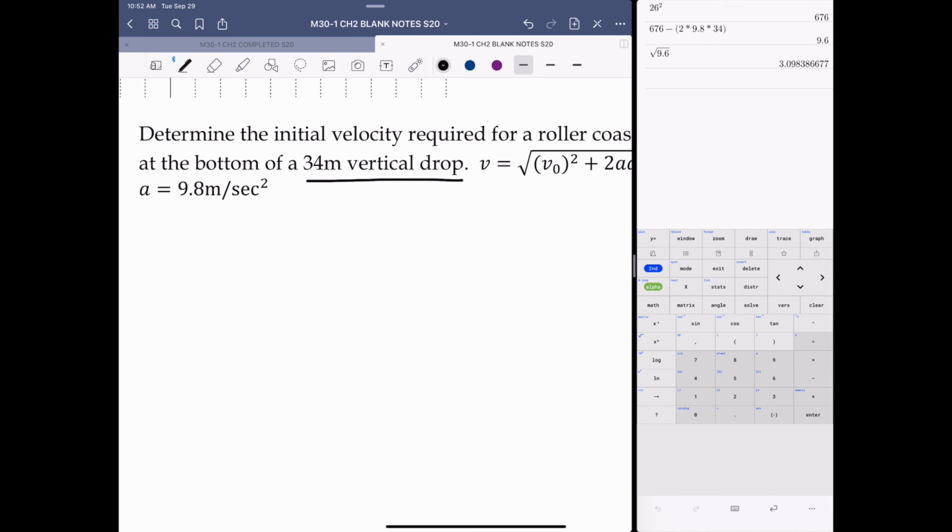You can start with the original function. v equals the square root of v0 squared plus 2ad, and plug in our information. Our velocity was 26 equals the square root of v0 squared plus 2 times a, which is 9.8, times d, which was 34.